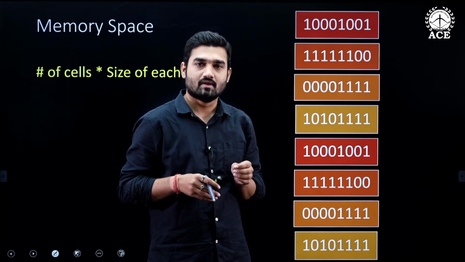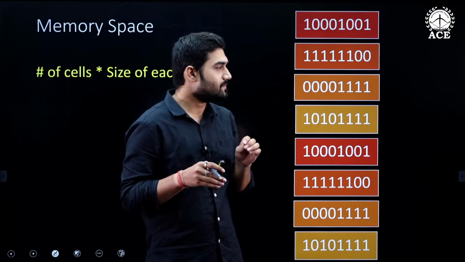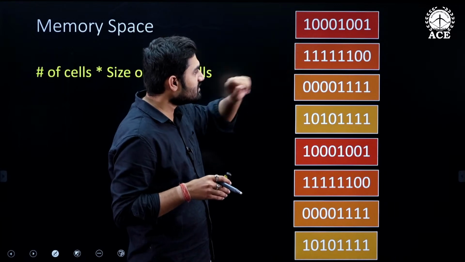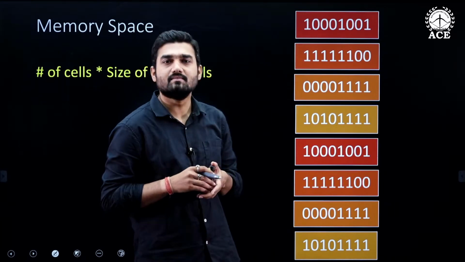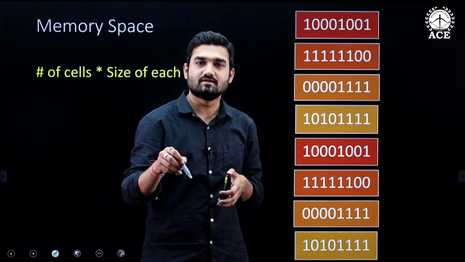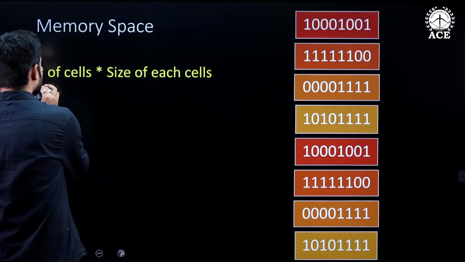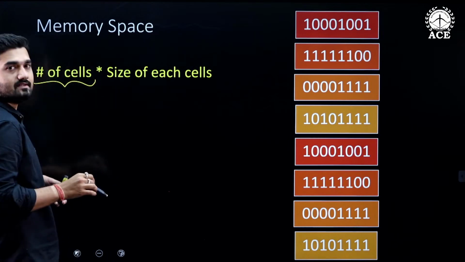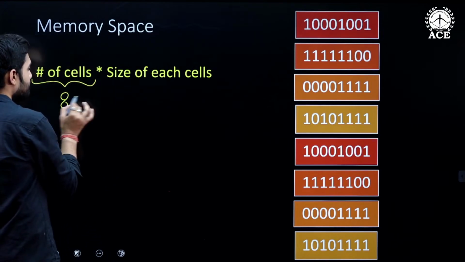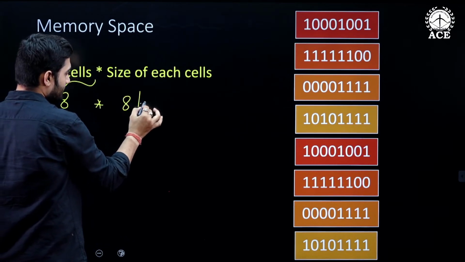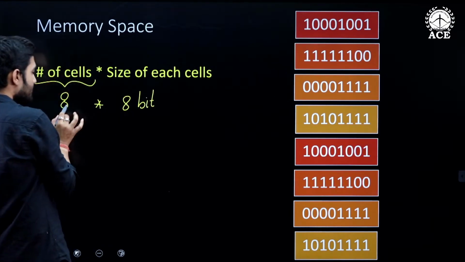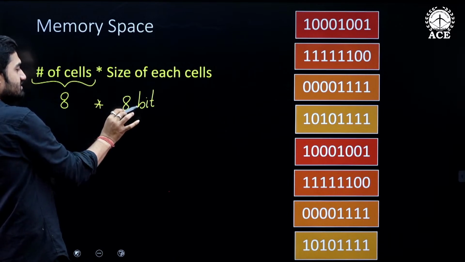Yes or no? Okay, sir, in every row 8 bits, there are 8 rows. That means what is the memory space? I think you are giving me the answer. Sir, it is nothing but number of cells is 8, size of each cell is 8 bit.